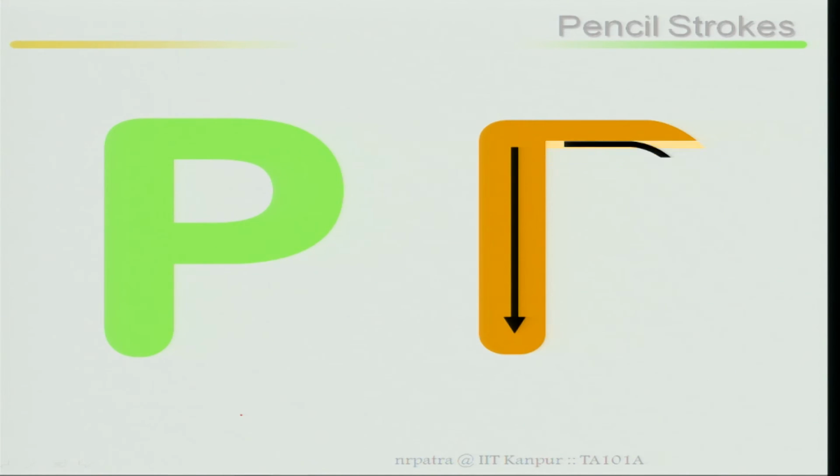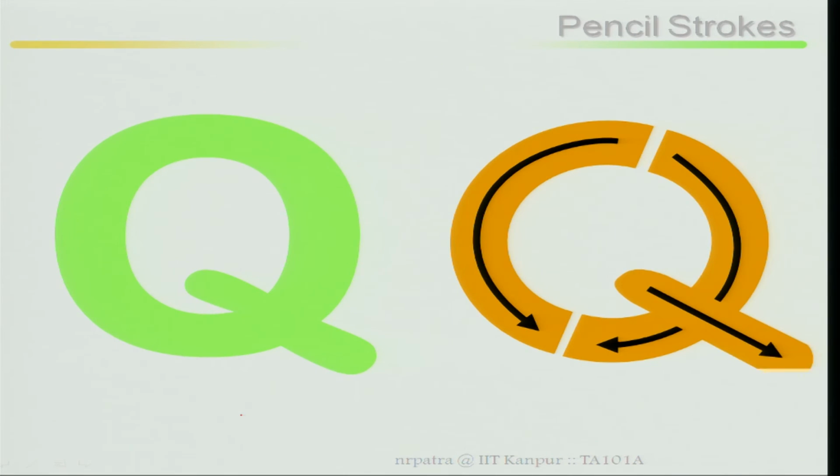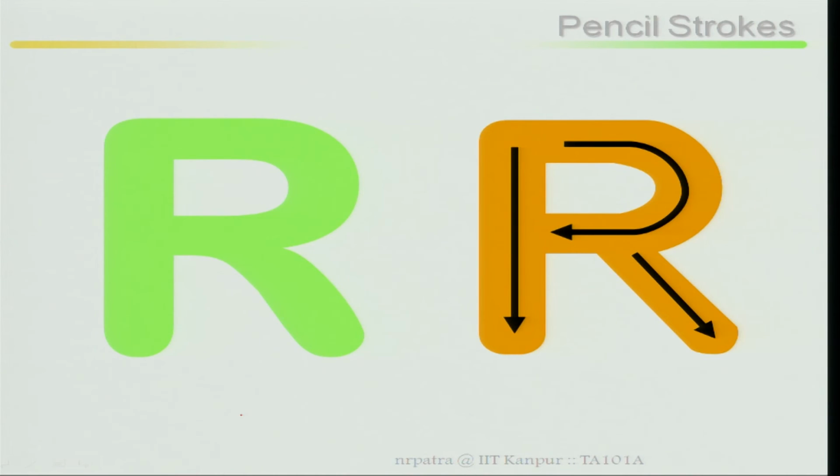Then P, which is easy, then Q, then R: stroke 1, stroke 2 and stroke 3. If you look at your R, how do I write it? 1, 2, then 3.